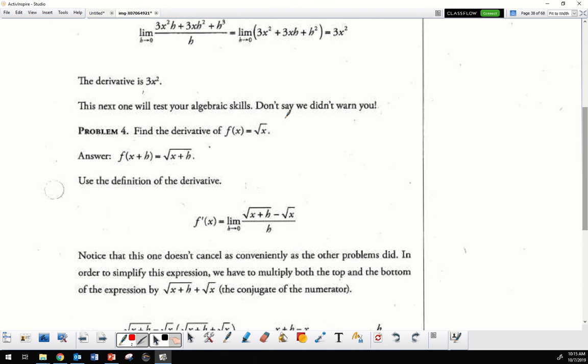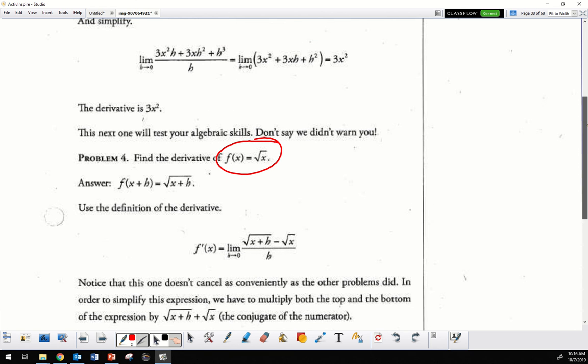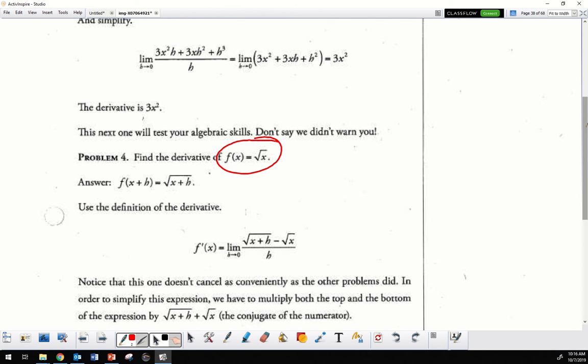All right, so for this one right here, it's almost like I gave you this one on a test. So I would go over this one. Using my function, it would be f of x plus h, but I'm going to write my radical as a fractional exponent, because I hate radicals.